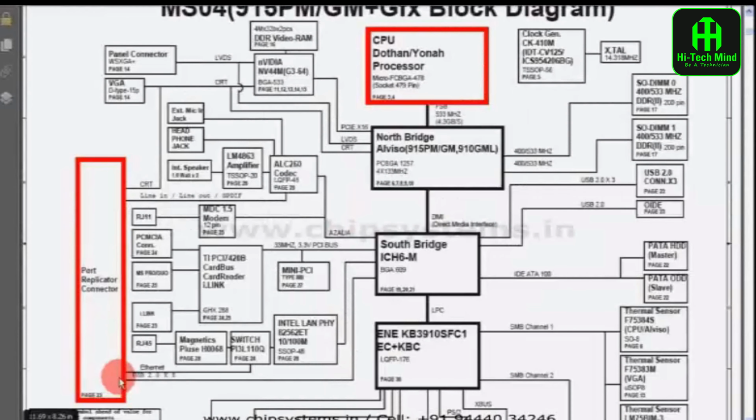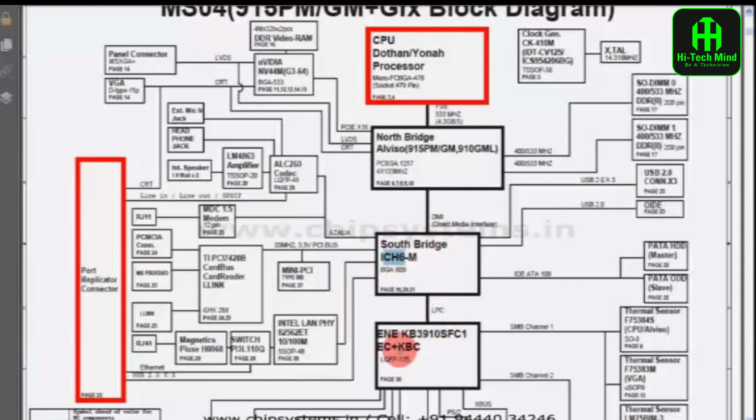Next we are seeing the laptop motherboard structure of Sony. Mainly there are three blocks. The first block is the CPU, PGA 478 processor block. It is the Northbridge, 915 is the series, and ICH 6 is the sixth version of the Southbridge.